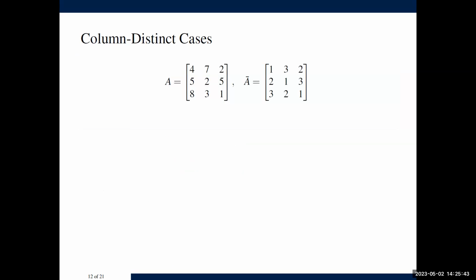Considering the first column, we have 4, 5, 8. 4 is the smallest one, that's why we have 1 at the same location, and then 5 is the second one, so we put 2, and then 8 is the largest, so we put 3, and the same for the other columns. Because the columns are distinct, for a matrix with dimension n, in each column we have elements from 1 until n with maybe different order.